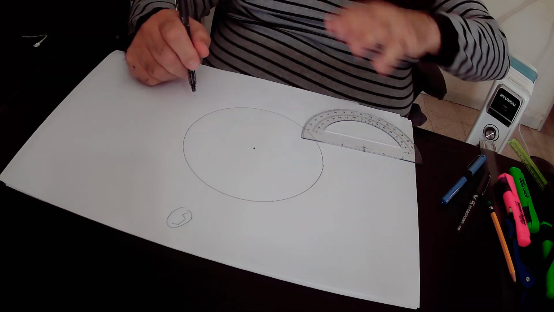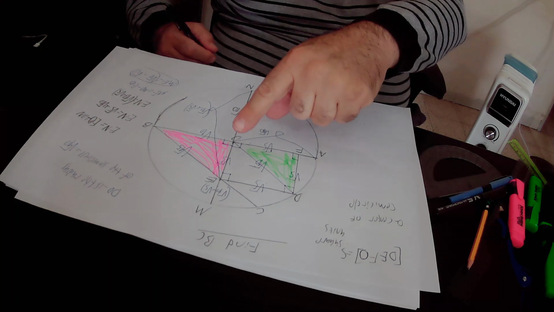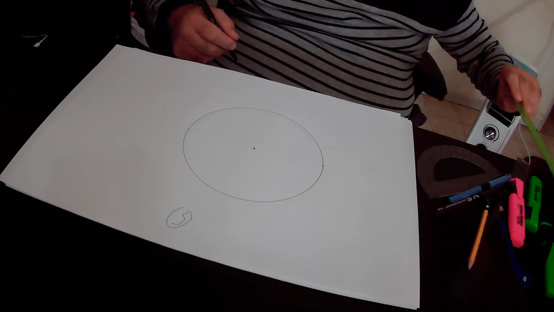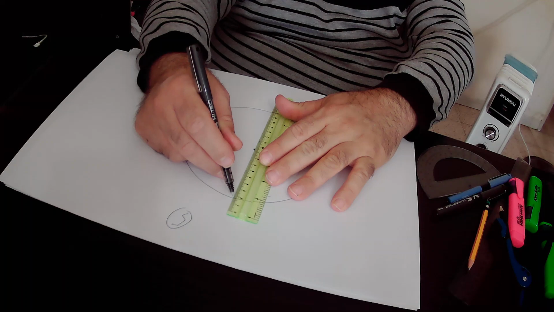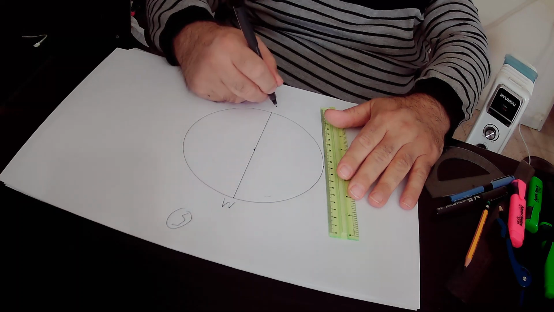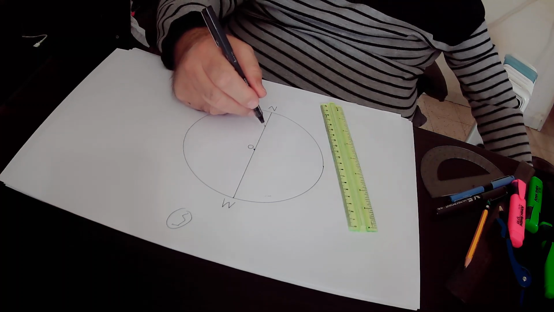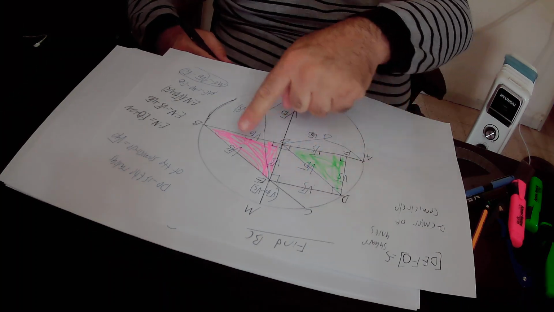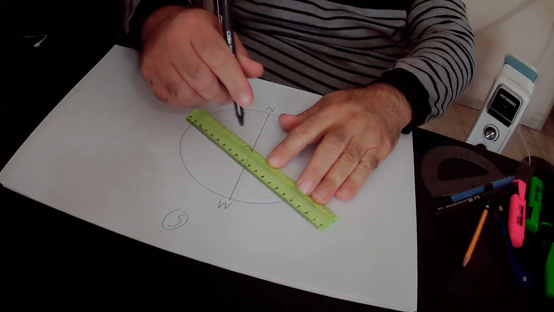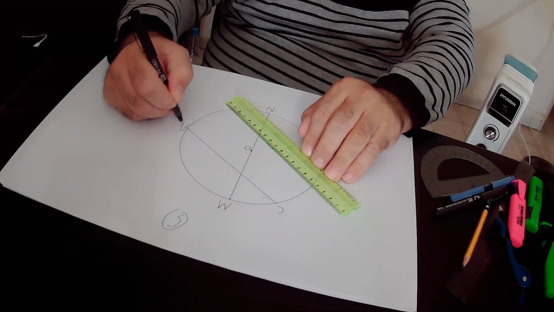We know that chord MN passes through the center of the circle, that is to say point O. Here is chord MN, which passes through the center of the circle, point O. And here we have chord CB, which intersects with chord MN at point E. The two chords intersect with each other at point E.